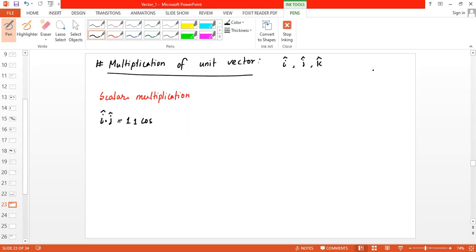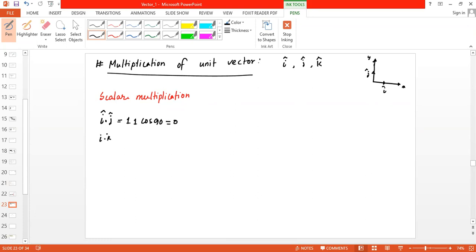What is the angle between i and j? i is along the x direction and j is along the y direction. So the angle is 90 degrees, and cosine 90 degrees means 0. So 1 times 1 times 0 equals 0. So i dot j equals 0.